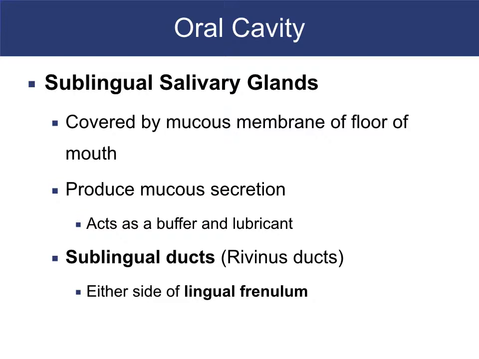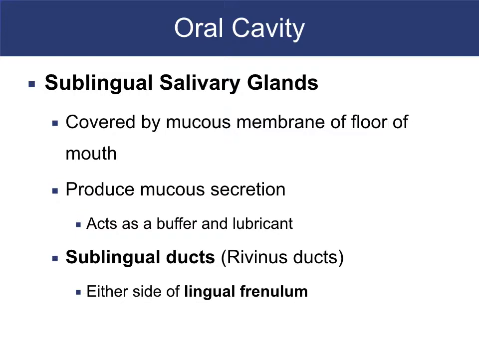The second set of salivary glands is the sublingual salivary glands. Now these are very small. Sublingual means below the tongue, and if you go home tonight and hold your tongue out to one side and look right there through that thin mucosa on the bottom of your tongue, you can actually see the glandular tissue right there under the mucosa.